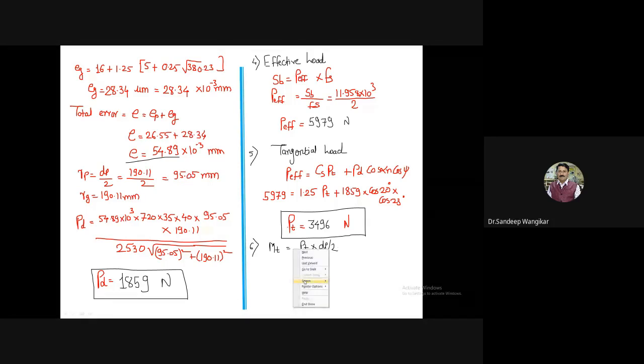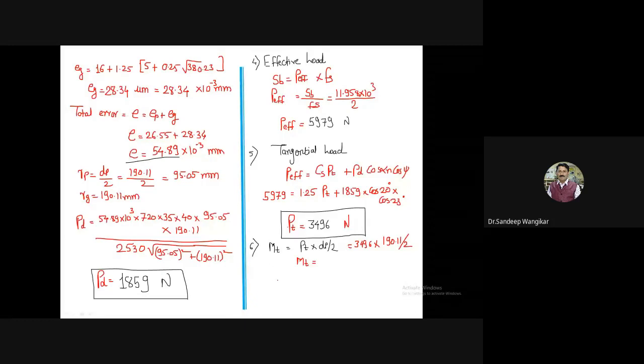So 3496. So calculate the value for EMT. EMT is equal to, I will say here only, 3496 into 190.11 divided by 2. So you will get EMT value first.